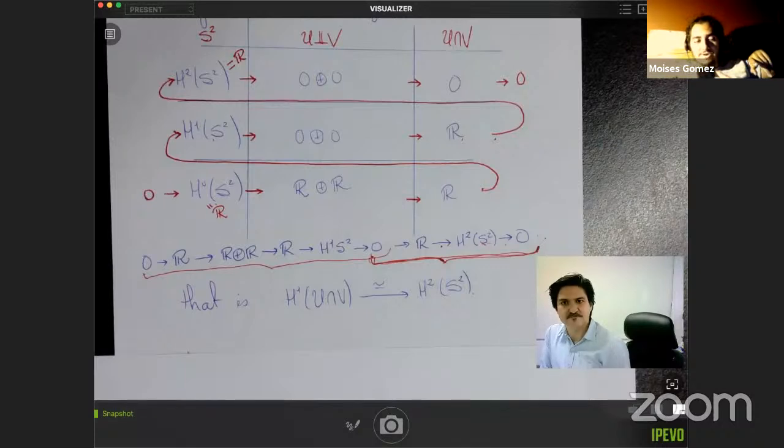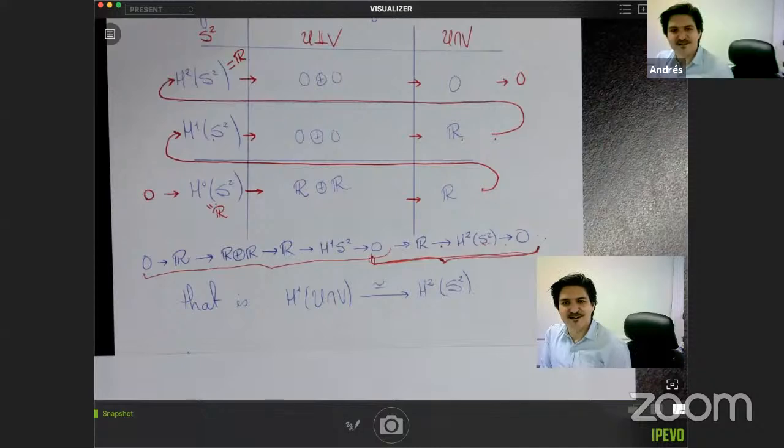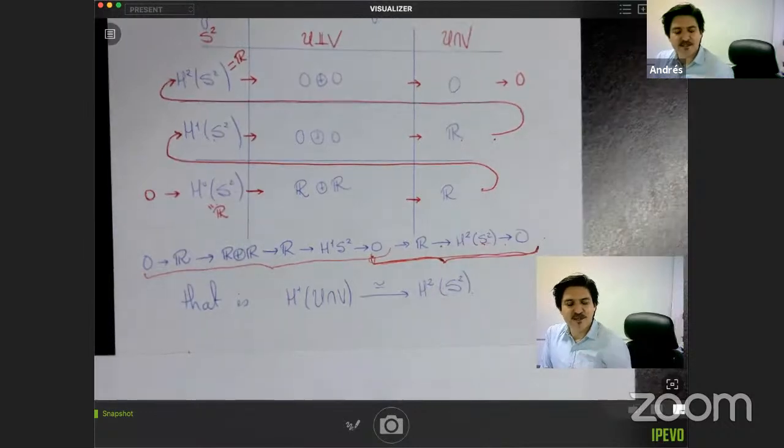Because we are going from positive, negative, so it has to be the same as R, some R, not 2R. No. But I mean, that's what you have to do.